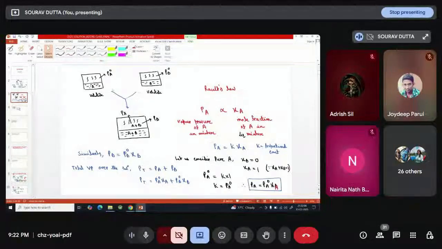So in the pure state this vapor pressure is PA naught, and in case of B, PB naught. Now I say, if we mix these two liquids, that will be a mixture of the solution. Now you cannot get PA naught or PB naught. You can easily measure PA naught and PB naught in the pure state, but when A and B are present in a mixture, you cannot say what the vapor pressure of A is, what the vapor pressure of B is. That's why you have to use Raoult's law.